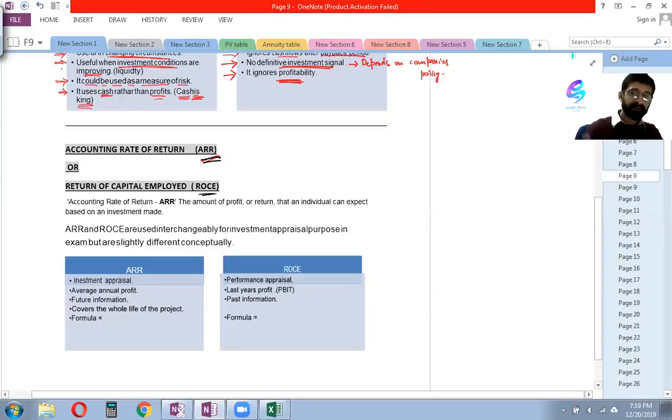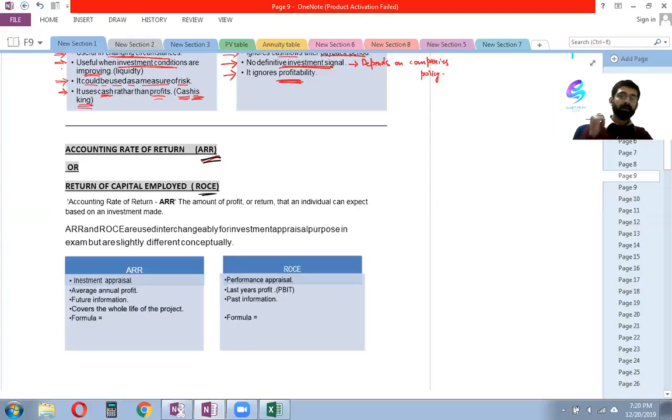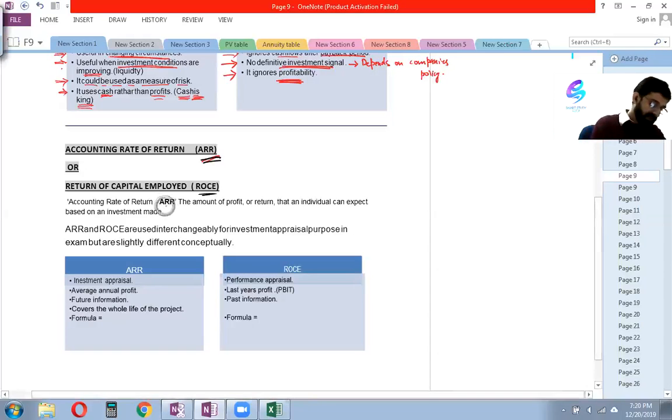They are slightly different. As I told you yesterday, paper F9 is all related to the future, right? It has nothing to do with the past, right? But when you say return on capital employed, that means it's about the past.